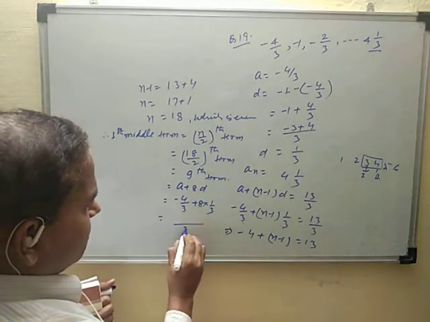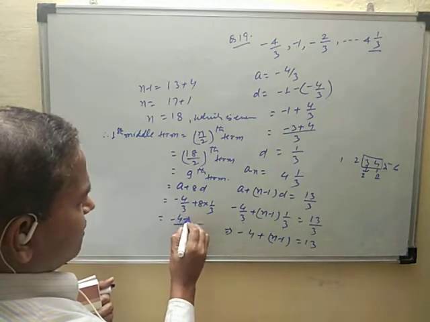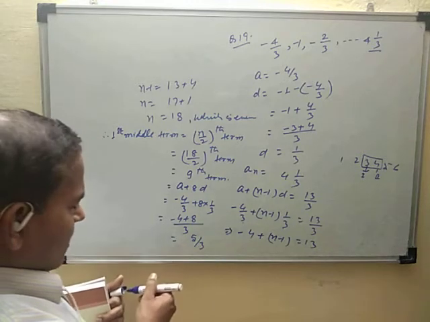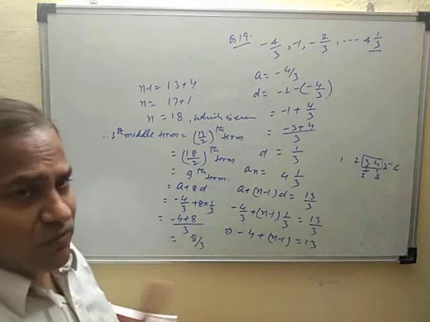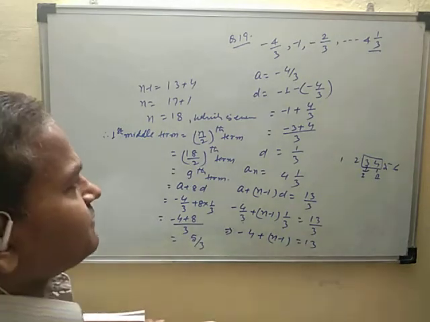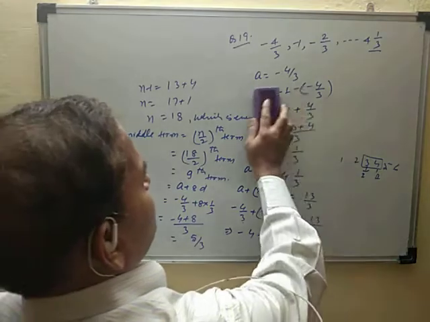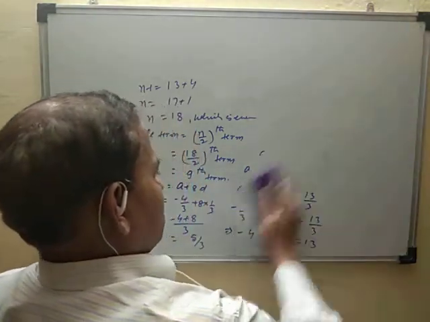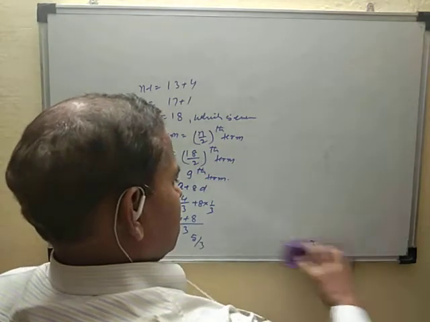So 3 is the LCM, that is minus 4 plus 8, so it becomes 5/3. So this is the first middle term. Now find the second middle term. So what is the formula of the second middle term?